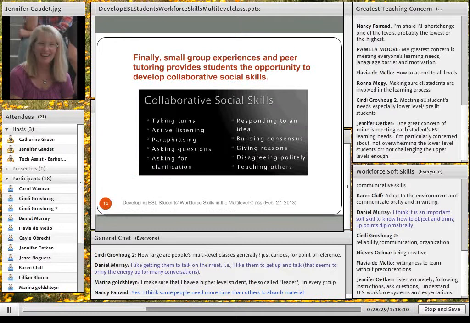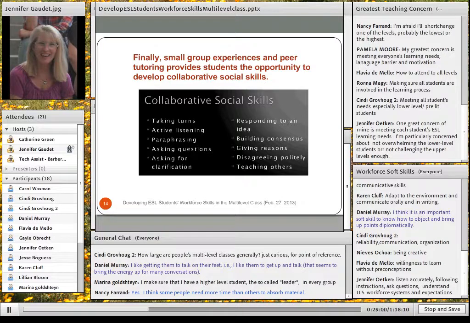Okay, let's move on. So, I'm most excited about this aspect of groupings and peer tutoring in the classroom, and that's the social aspect, which is often a challenge for so many of our students who maybe came to the U.S. alone. So I have included these skills here because they are a benefit that overlap with academic learning as well as workforce and life skills.